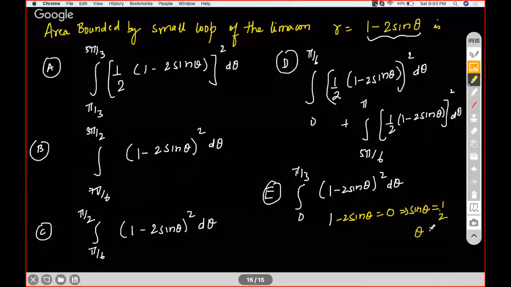So you would realize that this would be negative all the way from theta equal to pi by 6 to which value? Again, when it reaches a half value, which is 5 pi by 6.